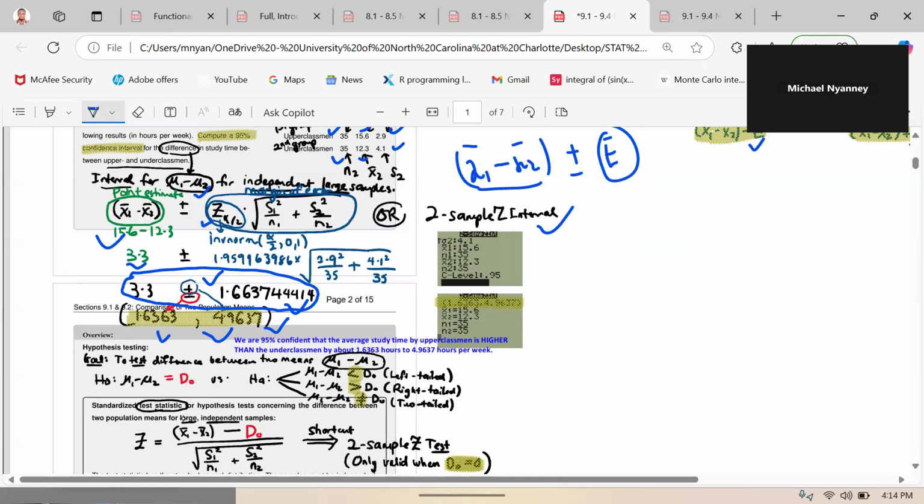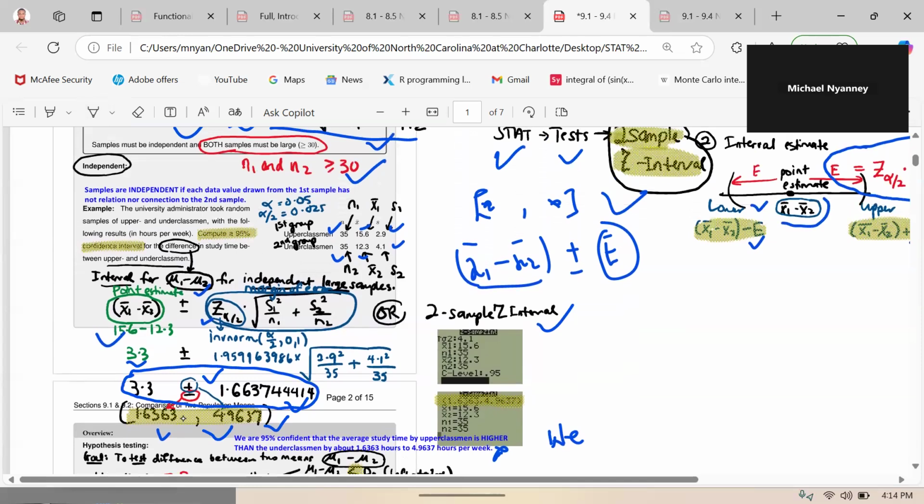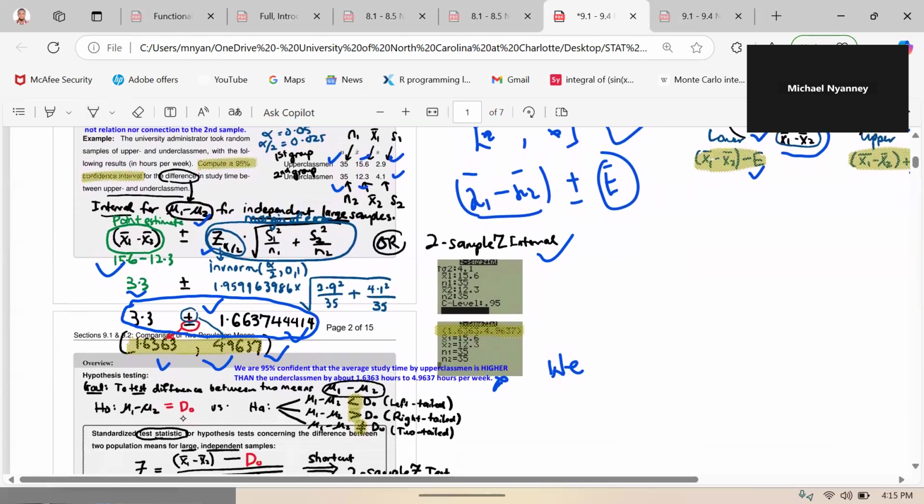Okay, so you don't need to write this. Normally you go back to the question. So what is the question saying? Compute a 95% confidence interval. Are you okay?